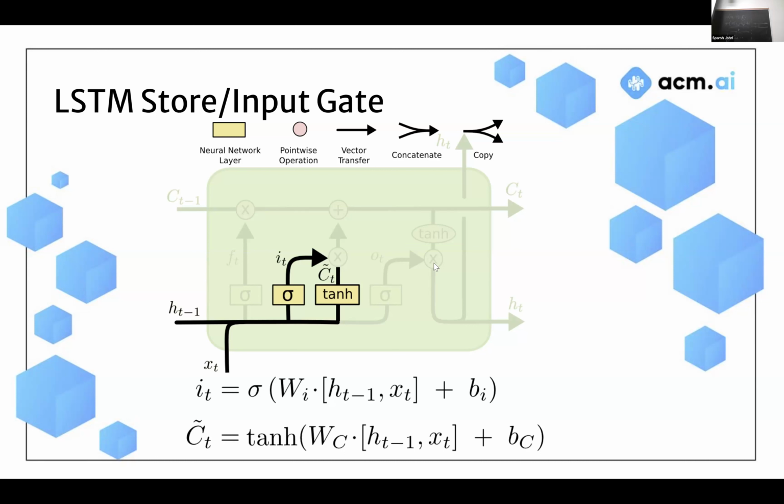And then once you've forgotten everything, you need some way to add all the experiences that you have right now in your current input. What the hyperbolic tangent function allows you to do is either add or subtract, because the values are between -1 and 1. So it allows you to add or subtract from the previous number, which gives you more flexibility.